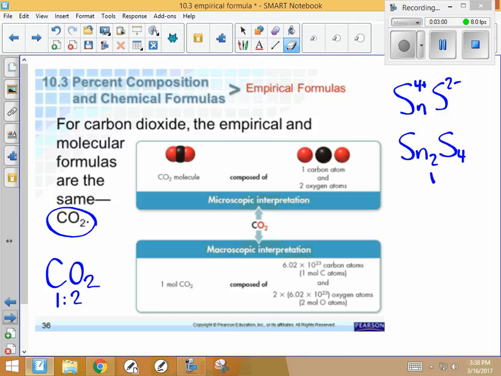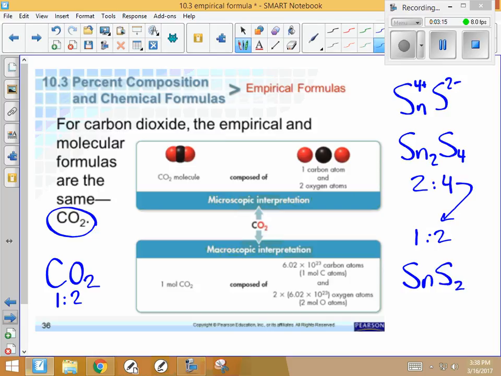You got a 2 to 4 ratio, which can be simplified to a 1 to 2 ratio, and you end up with tin sulfide, SnS2, in a 1 to 2 relationship. Now, it's not a molecular formula, it's a formula unit, and generally an ionic compound formula unit is going to be an empirical formula.